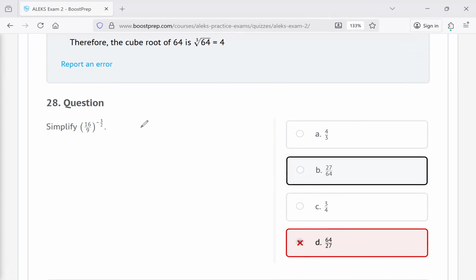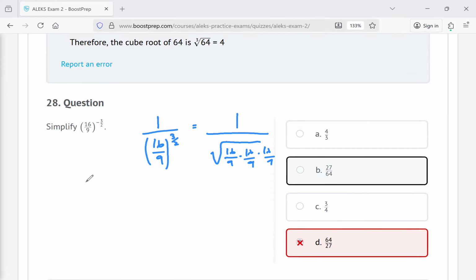16 over 9. So it's 1 over 16 over 9 to the positive 3 halves. That's 1 over, and then this is the same thing as the square root of 16 ninths times 16 ninths times 16 ninths.